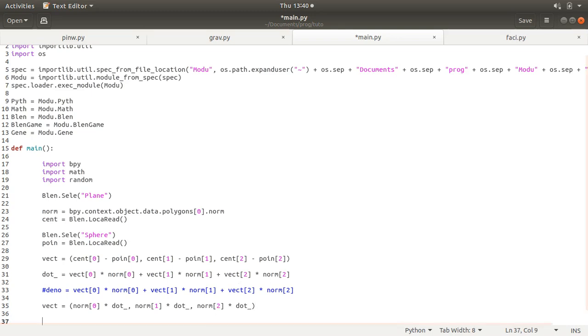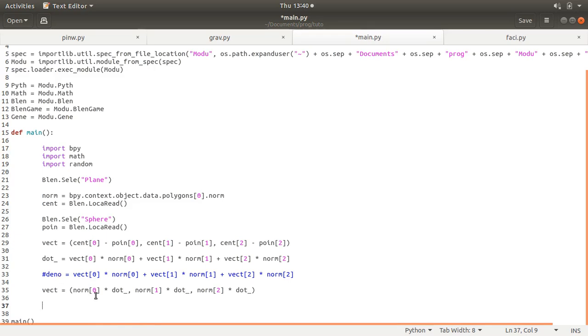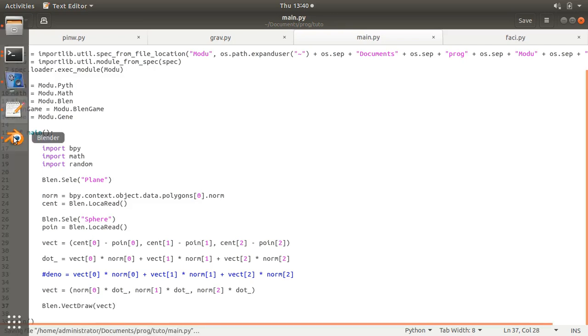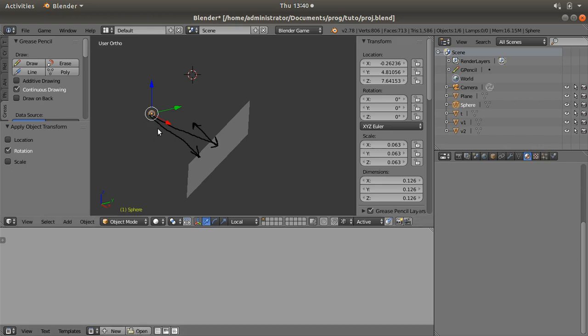I might mess this up. I mess it up a lot. I get a vector that's backwards or put something in the wrong place, so we'll see what happens. We'll draw this vector. And that's going to draw it at the origin. And I'll just move it to the point.